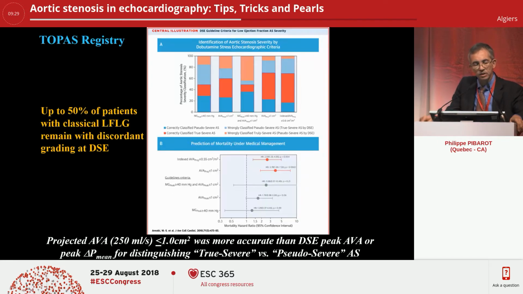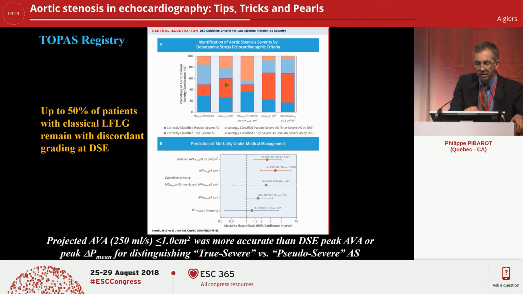Having said that, we did this study, an analysis of the multicenter TOPAZ registry, and we found that up to 50% of these patients with the classical low flow, low gradient and low EF actually remain with discordant grading at the end of the dobutamine stress echo. If you look at the main parameter that we have in the guidelines, the mean gradient during dobutamine larger than 40, you see a bit less than 50% accuracy to differentiate a true versus a pseudo-severe AS.